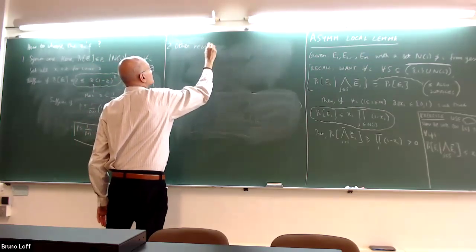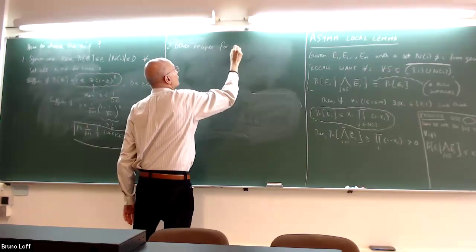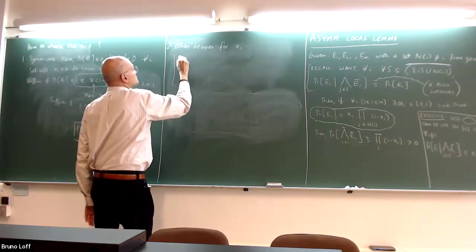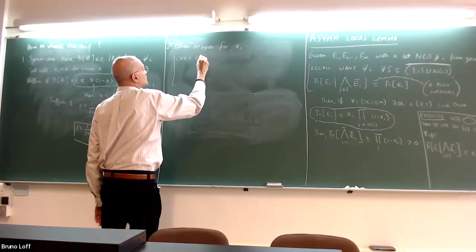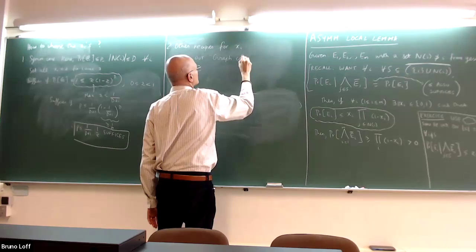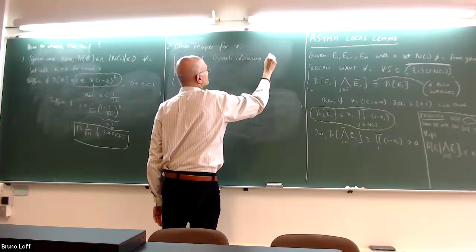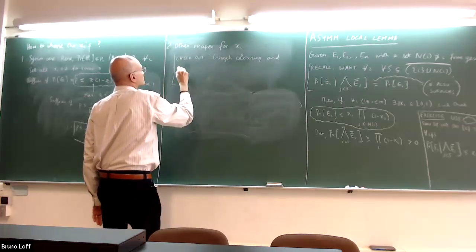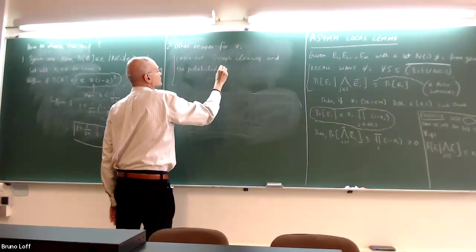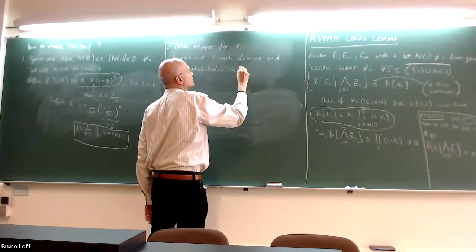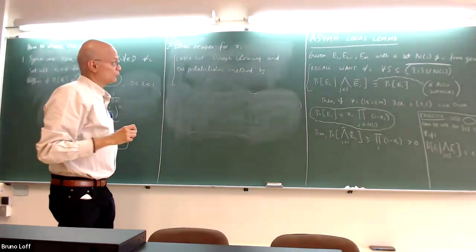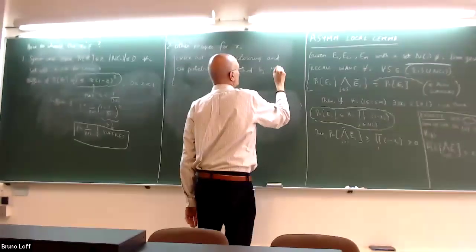This is from the book. Check out this book: Graph Coloring and the Probabilistic Method by Molloy and Reed. This book is amazing, it's around 25 years old now, maybe even a little bit more.